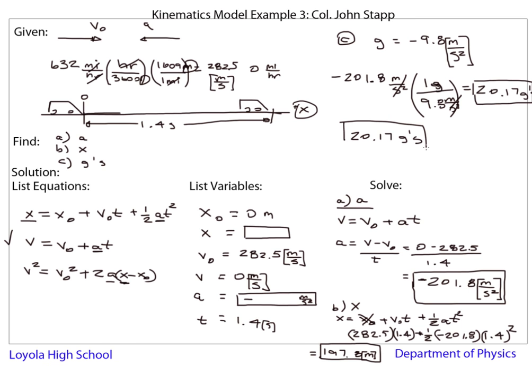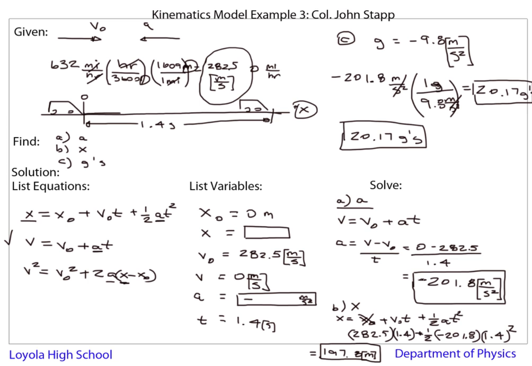So in this problem, the kinematic model problem for Colonel Stepp, we follow the same guidelines: list equations, variables, and solve. A couple key points: if we have mixed units, we have to make sure we convert them, for instance hours and seconds, to the correct ones. Pay attention to the directions on vectors and see if they make sense.